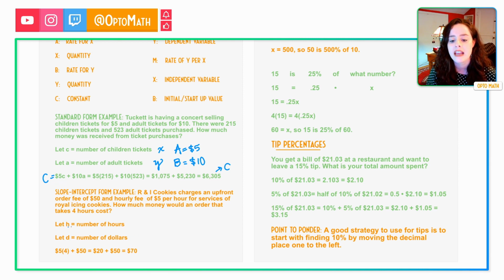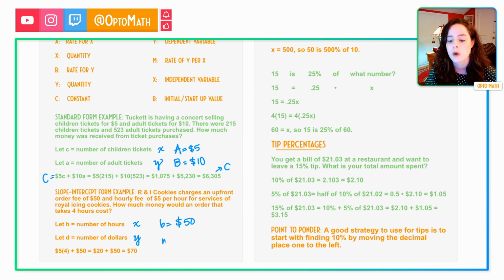So we said let h equal the number of hours. So that's actually going to be like our x. And let d equal the number of dollars. That's going to be our y. Now B is the startup. How much do you pay regardless of how many hours are worked? That's going to be $50.